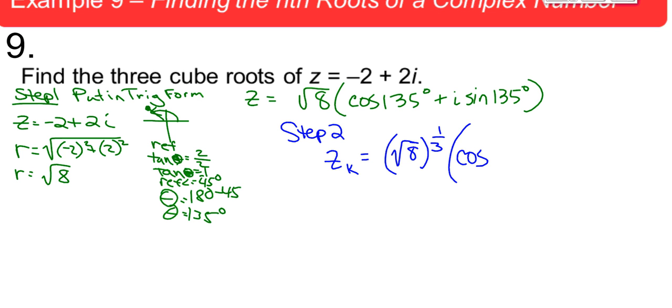Cosine of 135 plus, what do you think? I'm in degrees now. 360k divided by n. Oh, n is what? 3. Plus i sine 135 plus 360k divided by 3.